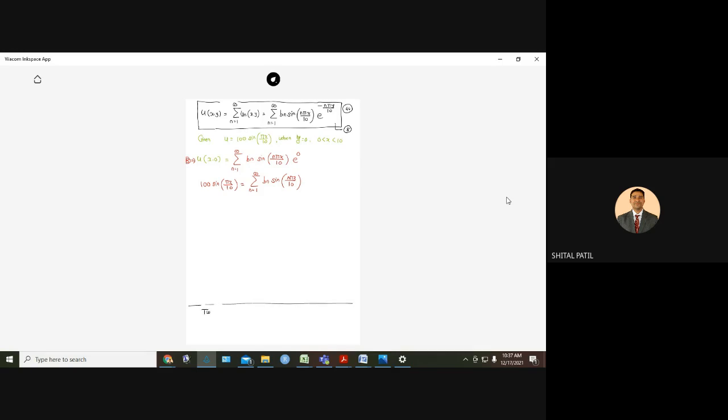Two methods to find bn. One, method of comparison. When do we have to use this method of comparison? When we have the same trigonometric terms on both sides.